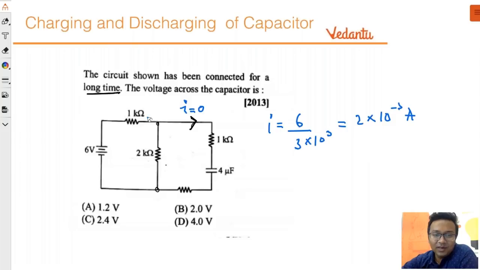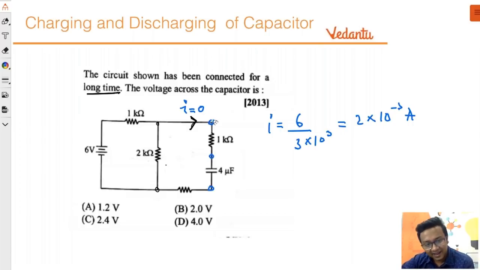And we have to find out the voltage across the capacitor. Since there is no current flowing through this branch, my dear students, the voltage across the capacitor is the same as the voltage across these 2 points.